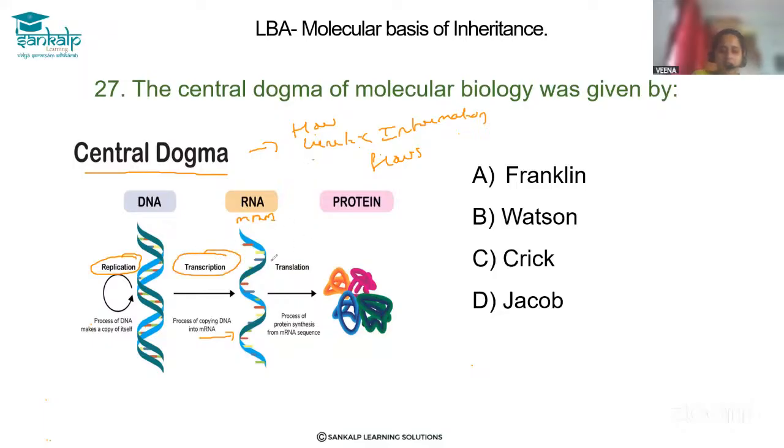And then from that, it undergoes the translation process to form proteins. This is how the genetic information flows, and that is called the central dogma of biology. This process was explained by the scientist Crick. So the correct answer is C, that is Crick. Thank you.